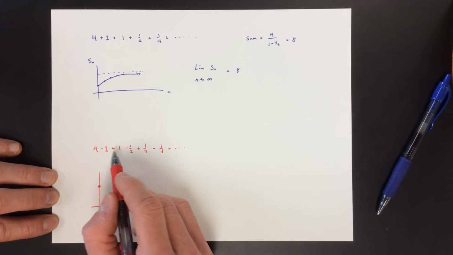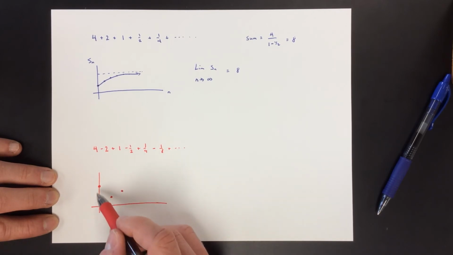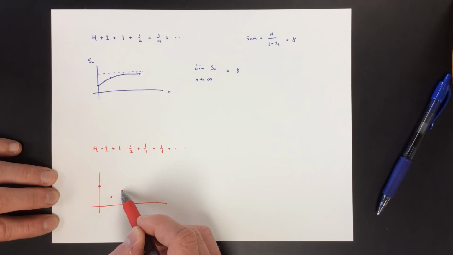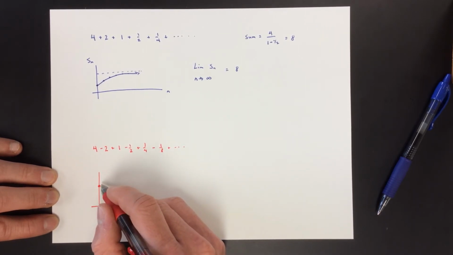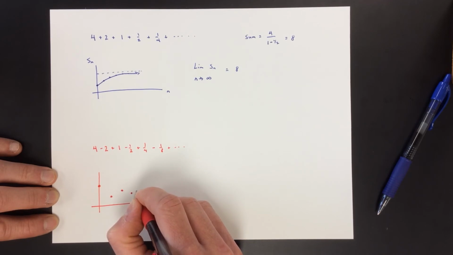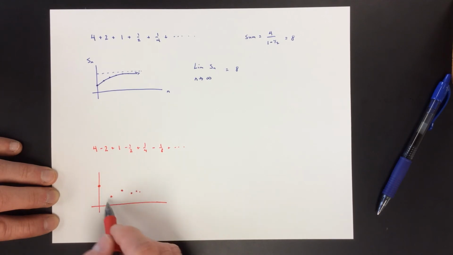And then I get 4 minus 2 plus 1, which is 3. So I'm too big, too small, bigger, but now smaller by a half. So 4 to 2 to 3 to 2.5 to 2.75 and back.